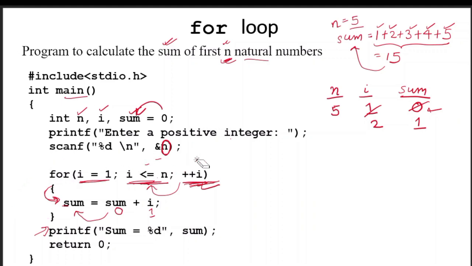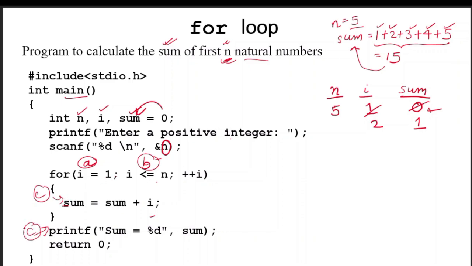So you can see the steps we are following. First, this is step A, where we initialize. Then we check the condition, this is step B. Then C is where you enter the body of the loop if the condition is true. If it is false, we will come over here. So it depends whether we come here or we come here.